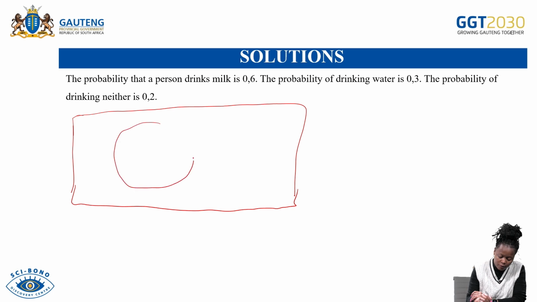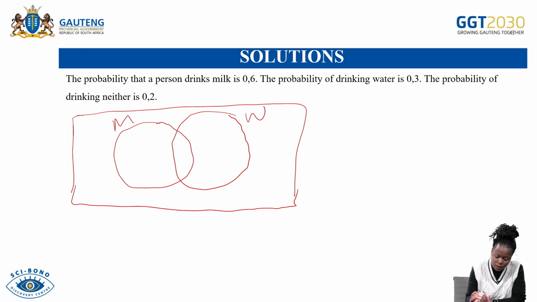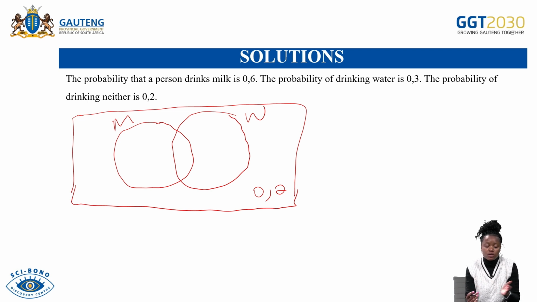So you have the probability of a person that drinks milk, and then a probability of a person that drinks water, and then the probability of someone who doesn't drink either the milk or the water. Okay, but here they didn't indicate the probability of the intersection, the probability of the person who drinks water and milk at the same time. So let's represent that as X.